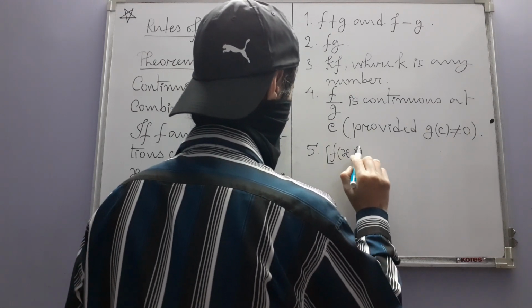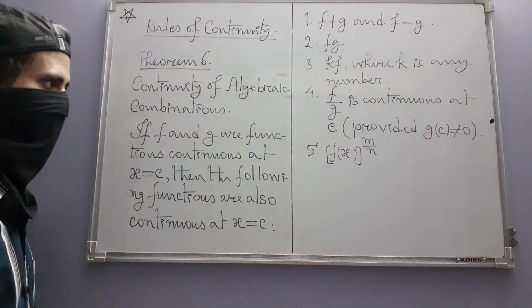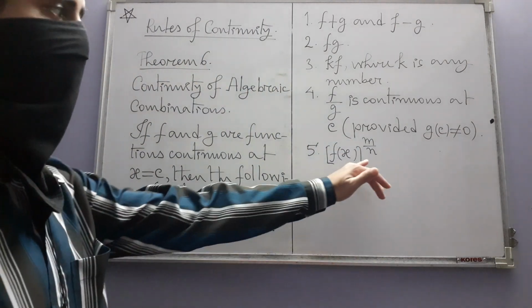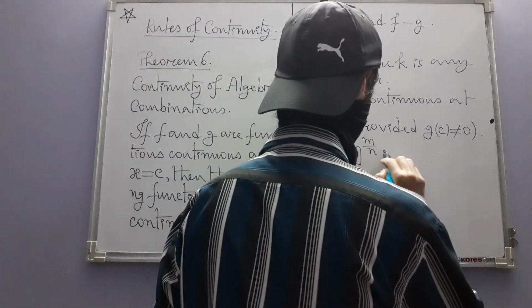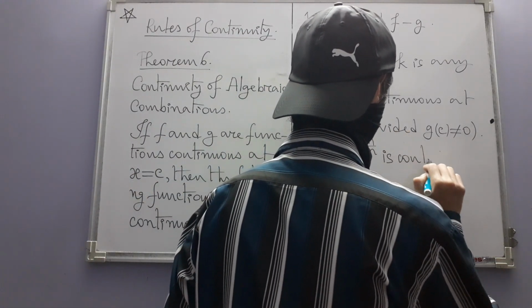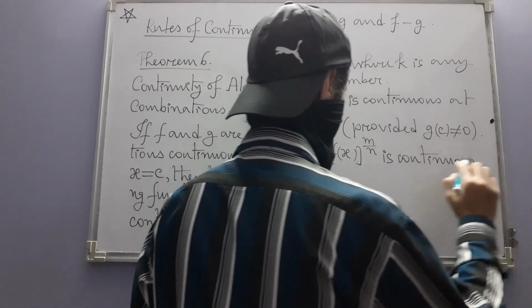This power, where the exponent is a rational number, m over n with m and n integers, is continuous at c.